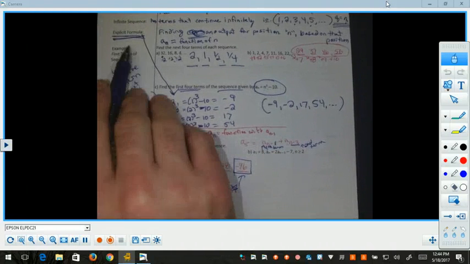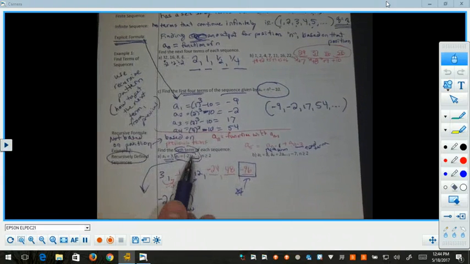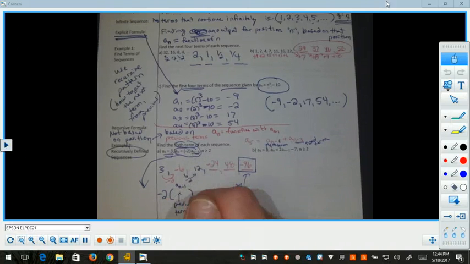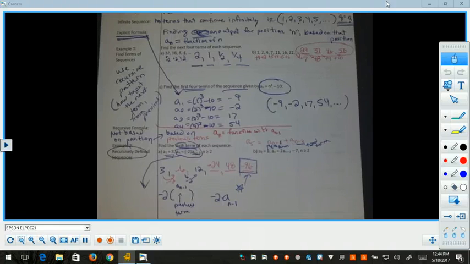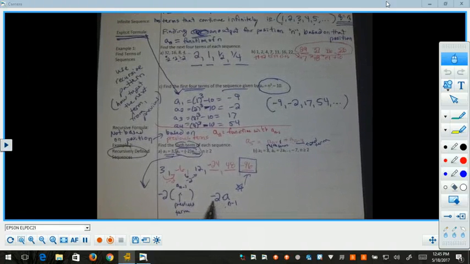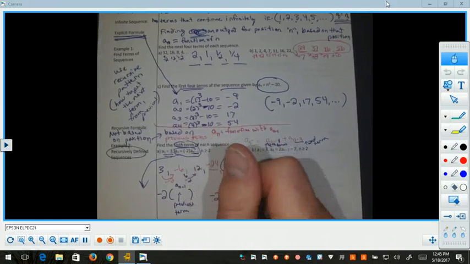But unlike an explicit formula where I would have just plugged 6 in, I can't do that. There is no n in here for me to plug in. It's -2 times a sub n minus 1. That means I have to do -2 times the 5th term, which was 48.